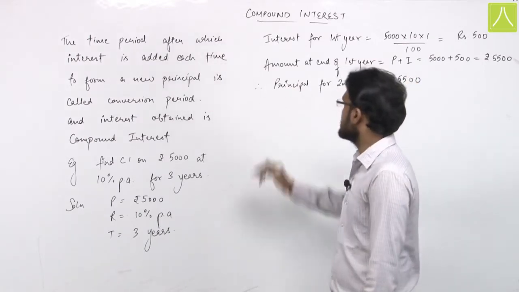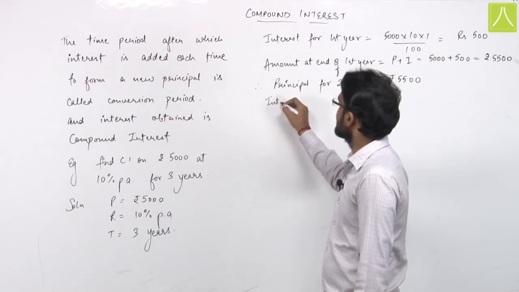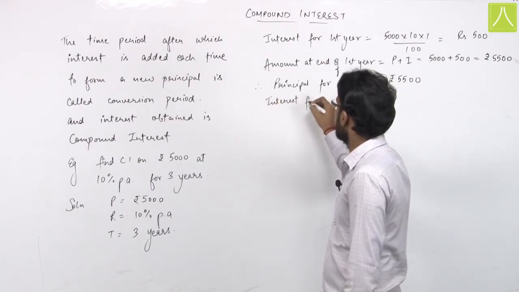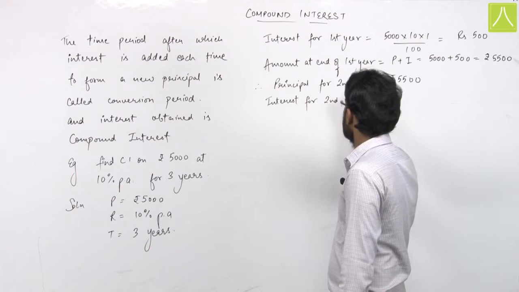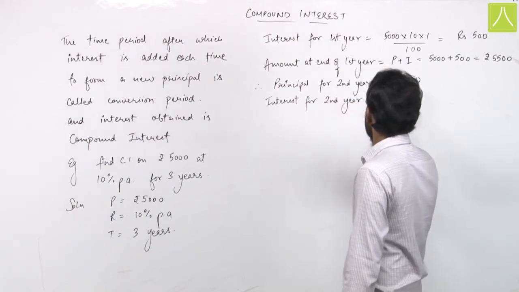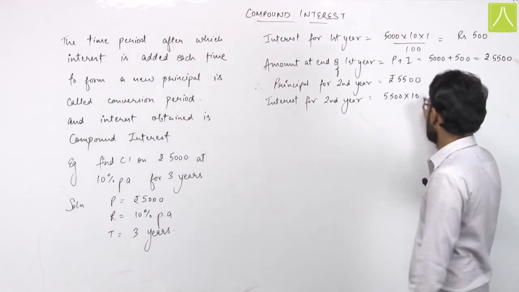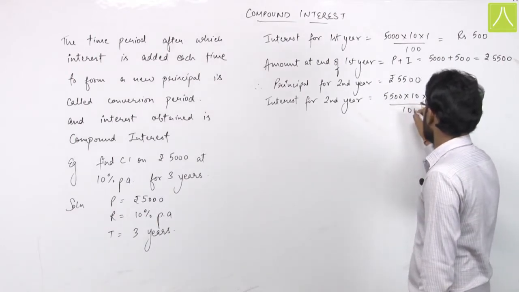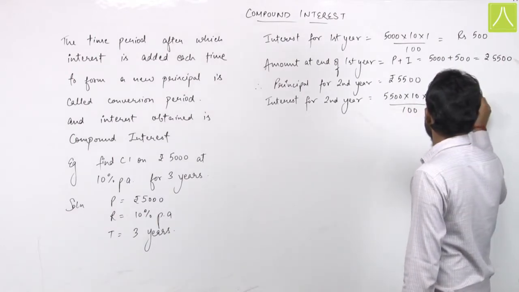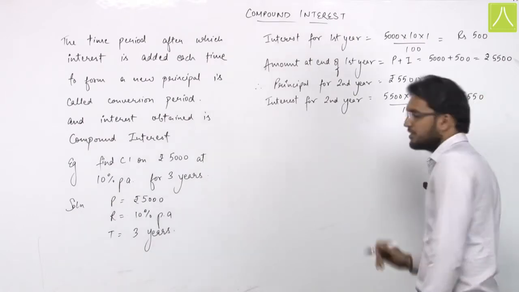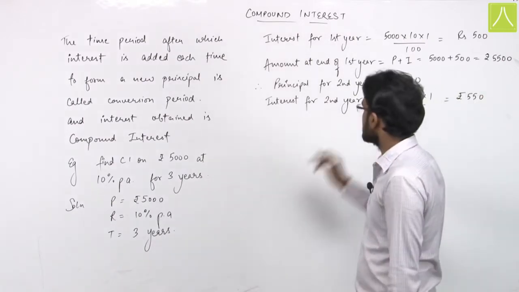Now for this principal, we are going to calculate the interest. Interest for the second year is equal to 5,500 into 10%, the same rate, into 1 divided by 100, which is equal to rupees 550. Now this is the interest for the second year.